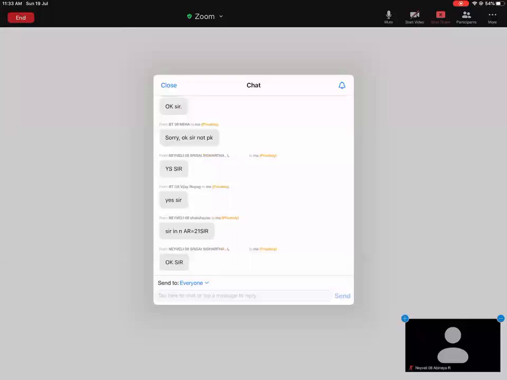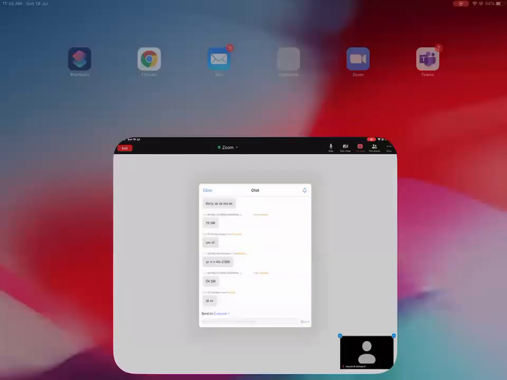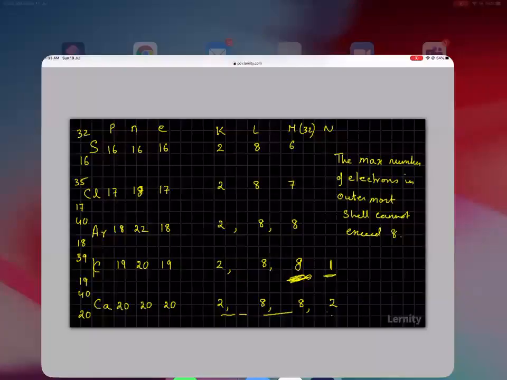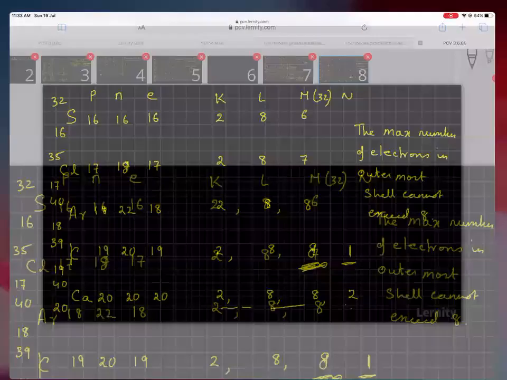Saksham: I don't understand. Sir, in argon, 2, 1? What is the 2, 1, sir? Argon, this is 40, this is 18. So 18, so it has to be 22.